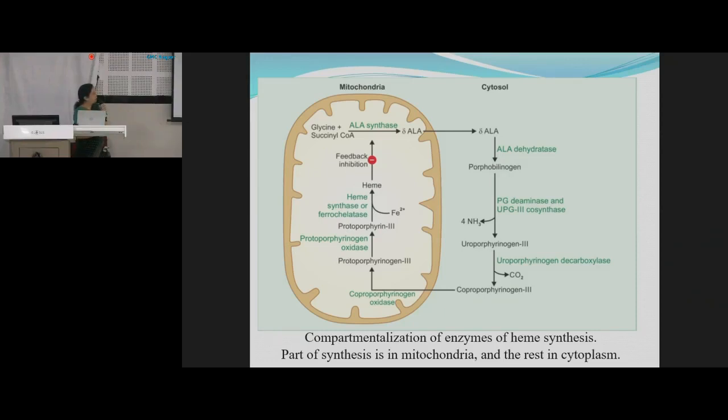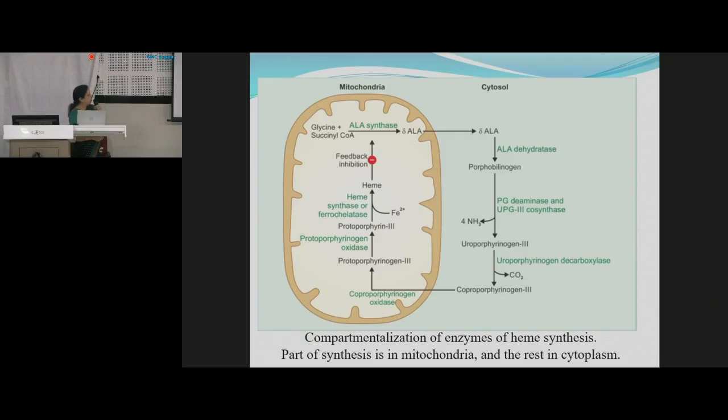In the cytosol, delta ALA, in the presence of the enzyme ALA dehydratase, forms porphobilinogen. Then this porphobilinogen gets converted to uroporphyrinogen in the presence of the enzyme porphobilinogen deaminase, also known as uroporphyrinogen 3 co-synthase.